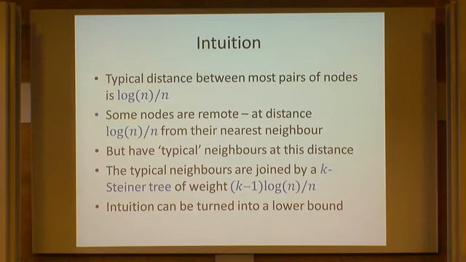So the nearest neighbor distance is already log N over N. For a typical node, the closest neighbor is at 1 over N. It's the minimum of N exponentials. Whereas for some of these badly behaved nodes, it's log N over N instead of 1 over N.